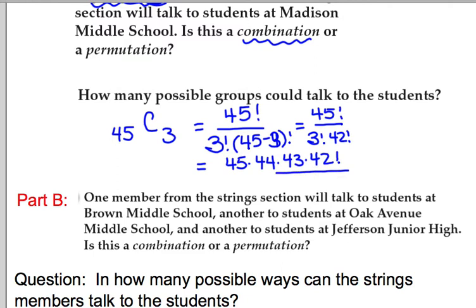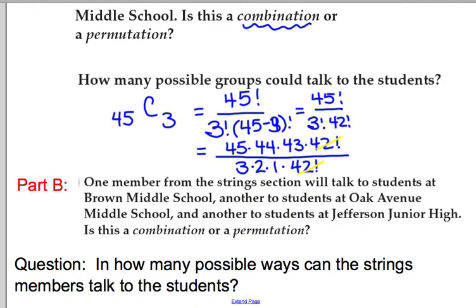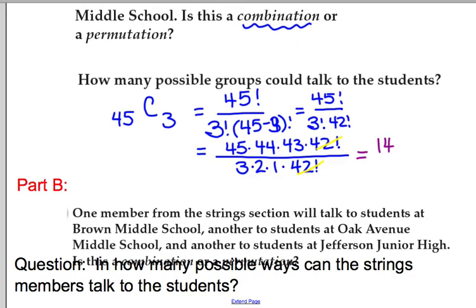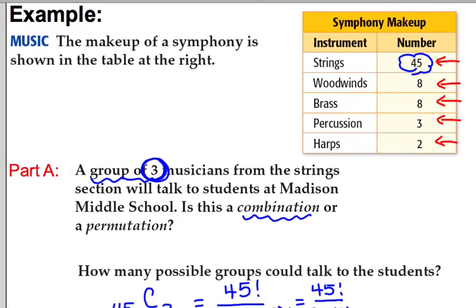I'm going to stop because you remember we have a 42 factorial in the denominator. So these two are going to cancel out. Now we're going to go ahead and plug it into the calculator. When we plug it into the calculator, we get 14,190 different ways to group 3 students in our strings group.